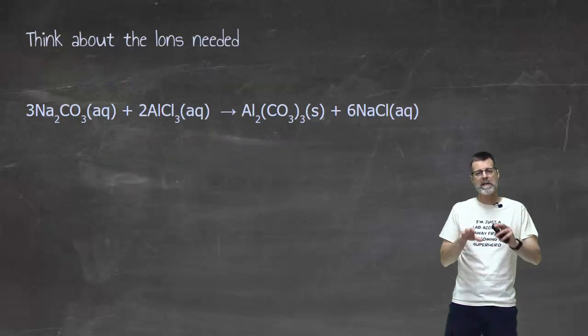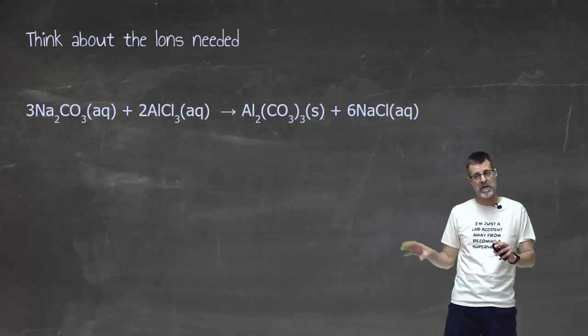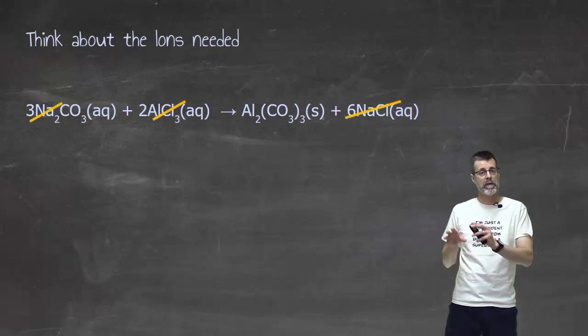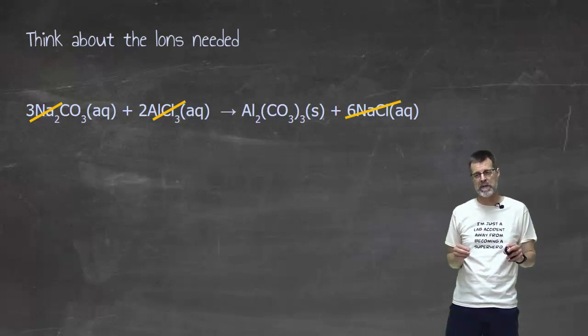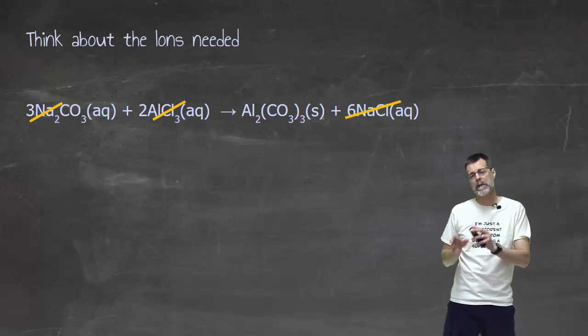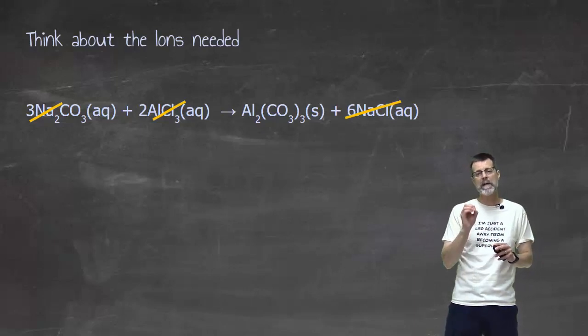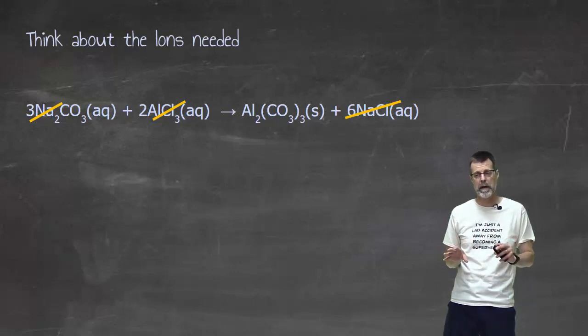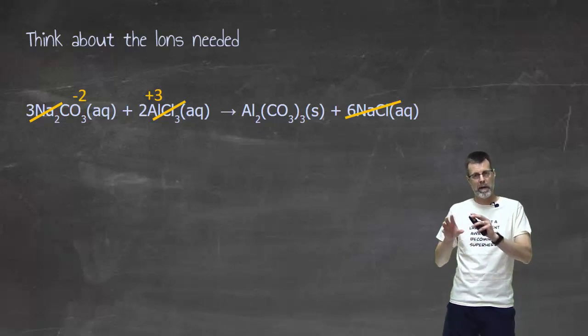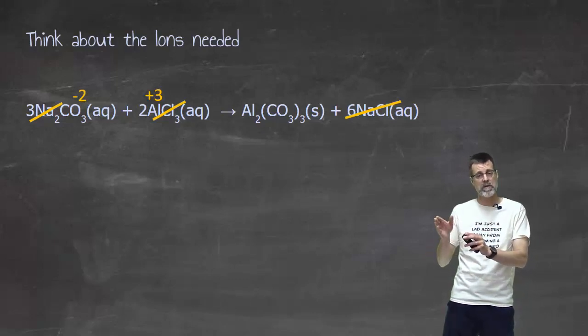Okay, if I start thinking about the ions that I need to have in order to make the solid, I need to have the carbonate, the CO3, and the aluminum, which means I can eliminate the sodium because it's aqueous on both sides, and I can eliminate the chlorine because it's aqueous on both sides. If I eliminate those ions, and I don't see the ionic charges on those right now, but it is definitely there, I'm left with ions of CO3, which is a 2- ion.